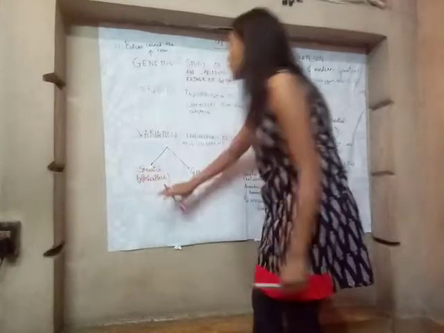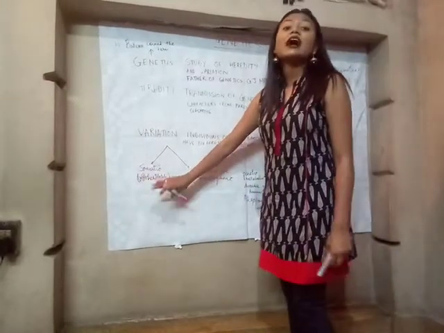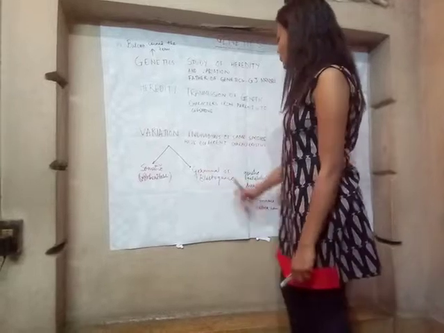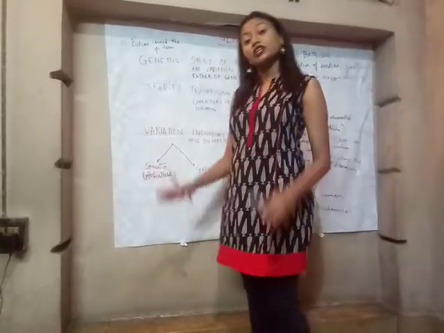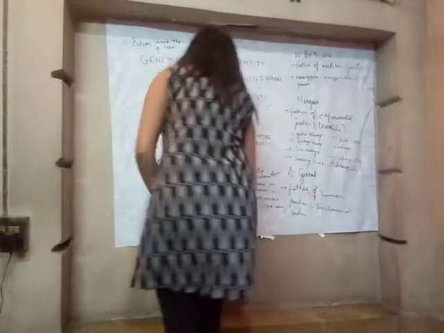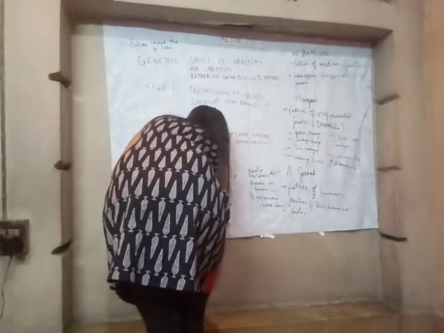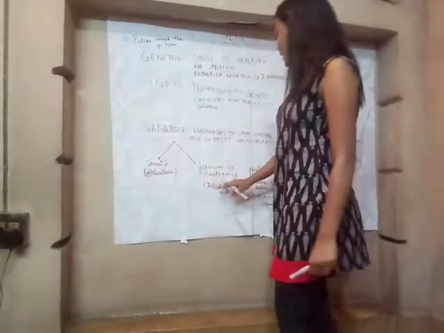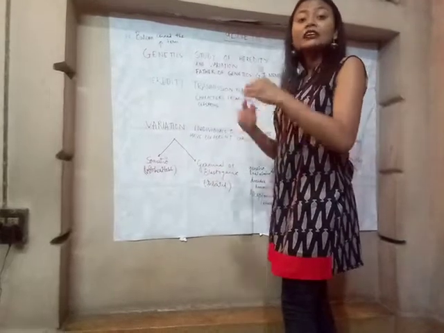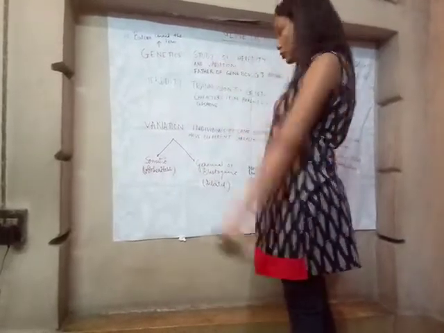These sort of variations are uninheritable. Now comes germinal or blastogenic. Germinal or blastogenic variations are inheritable. They can be inherited from one generation to the next. So germinal or blastogenic variations are transferred from one generation to the next.